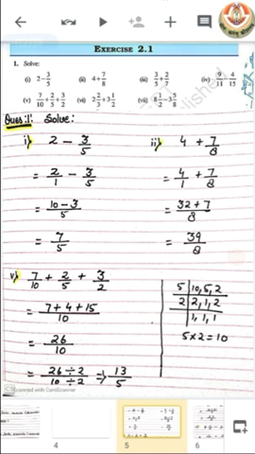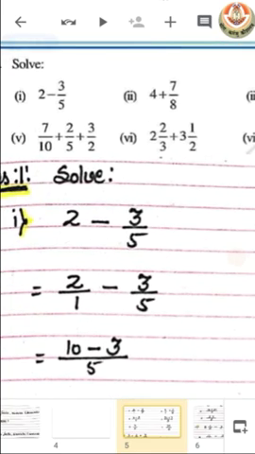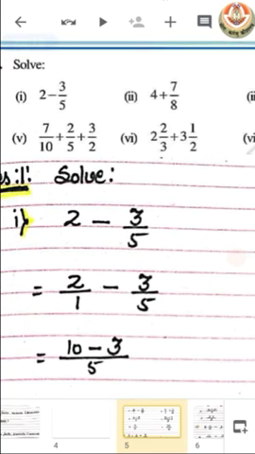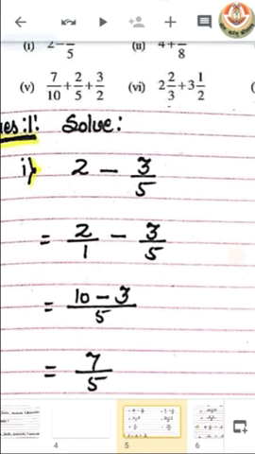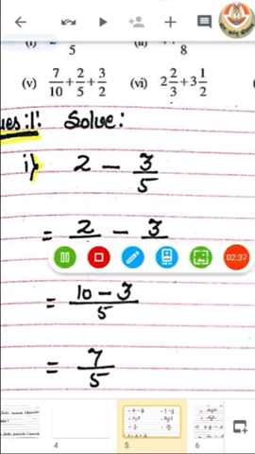In this, the first part is we have to subtract 2 and 3 by 5. Here we know that 2 is a whole number whereas 3 by 5 is a fraction. So how can we solve both of them?